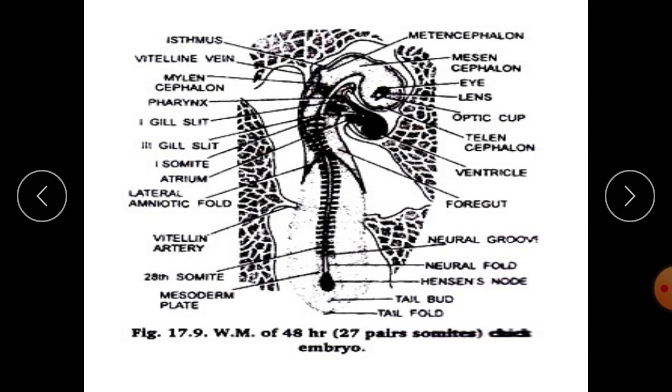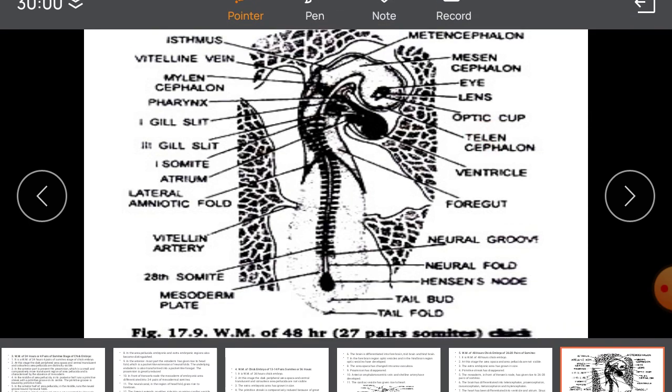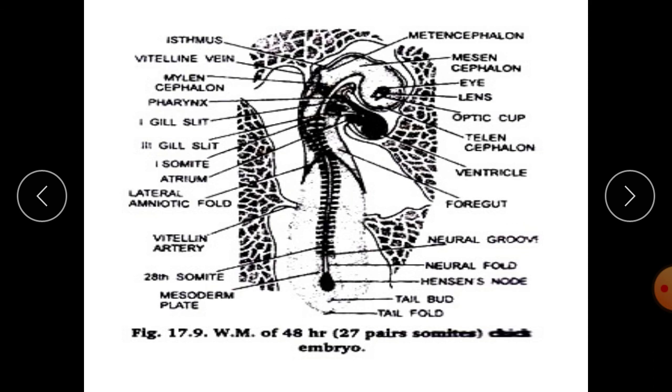Somites are 26 to 27 pairs. Then vitelline artery is there, developed. And veins are developed. So these are the different parts of the embryo. With this we have completed the 48-hour chick embryo structure.